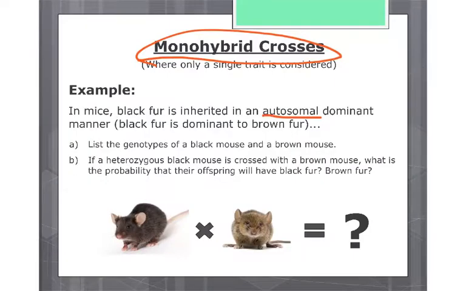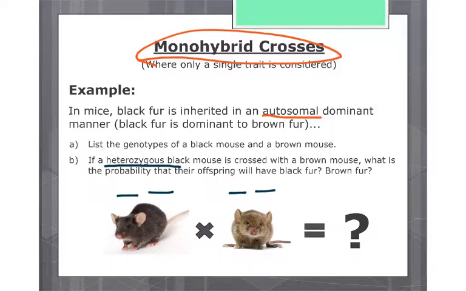Okay, so now let's look at B. If a heterozygous black mouse is crossed with a brown mouse, what is the probability their offspring will have black fur and then brown fur? So look at this here. If I look at this black mouse, it's telling me that it's heterozygous, and I know I need to have 2 alleles for each of these mice.